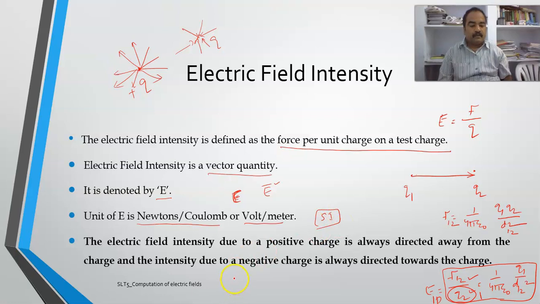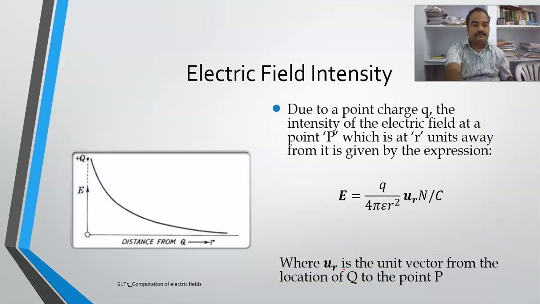These are the SI units. And as already mentioned, electric field intensity due to a positive charge is always directed away from the charge, and intensity due to a negative charge is always directed towards the charge.